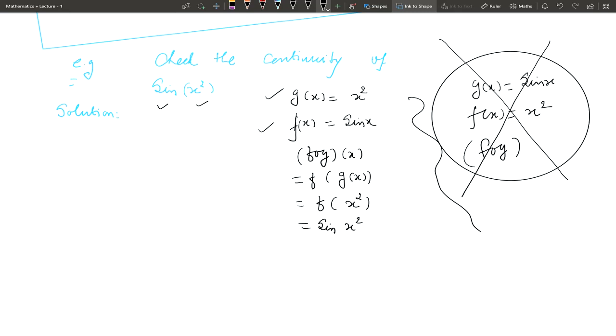f of g of x, by definition of composite function, f of g of x, put the value of g of x which is x square.